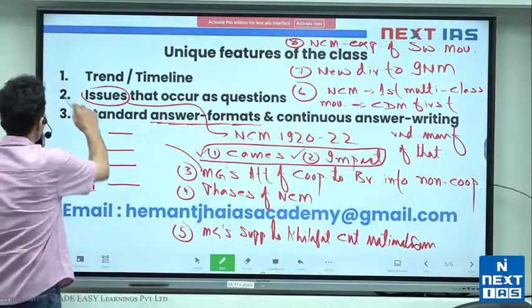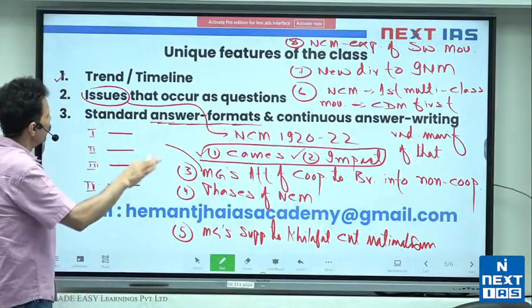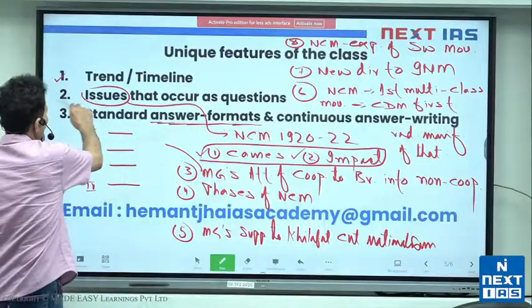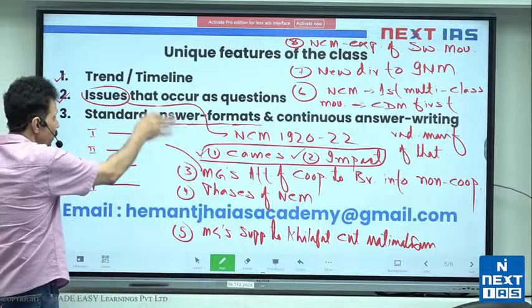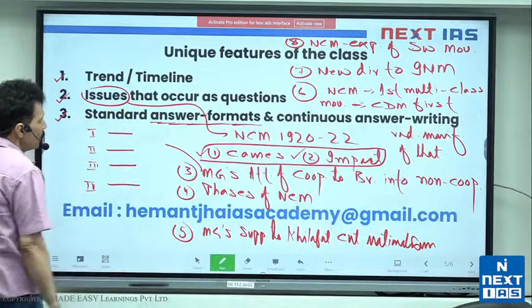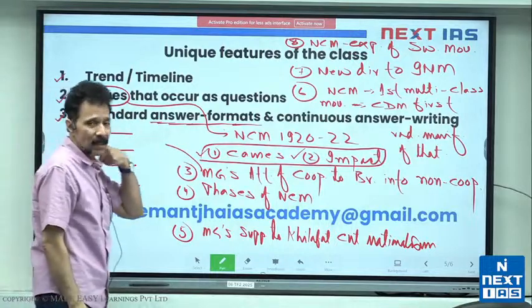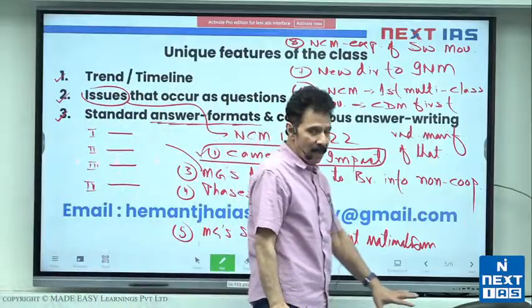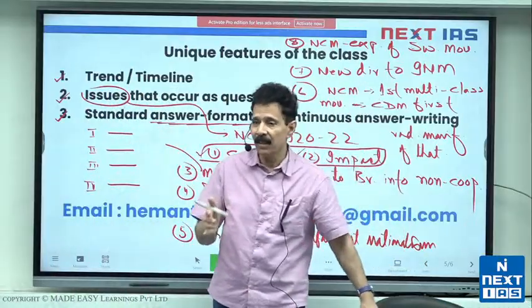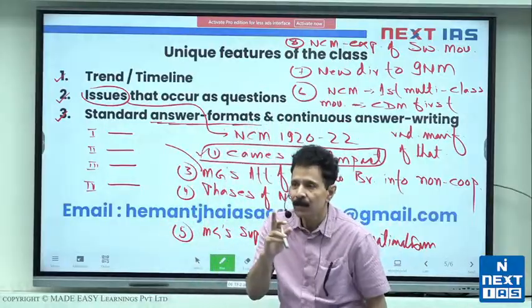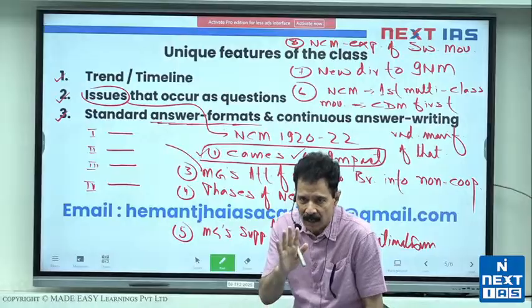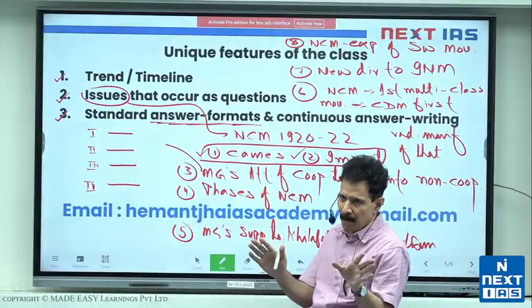So I think these three: a lot of discussion on trend and timeline, issues that occur as questions, a lot of discussion on this, focus on this rather than basics, and standard answer formats and continuous answer writing. These three are, I think, badly missing, and personally I think these three are the only things crucial to get around 300. Otherwise, it's not possible.